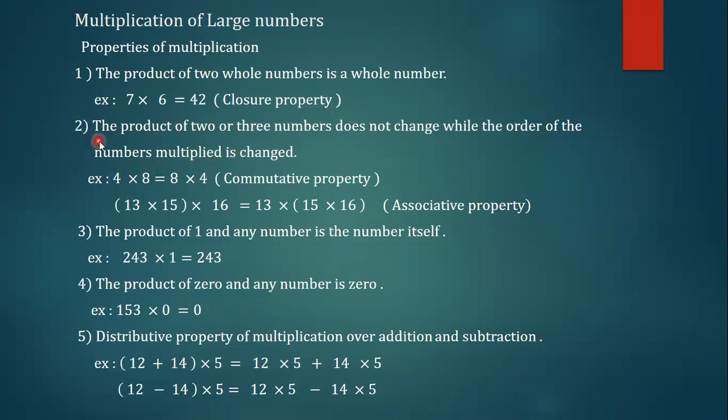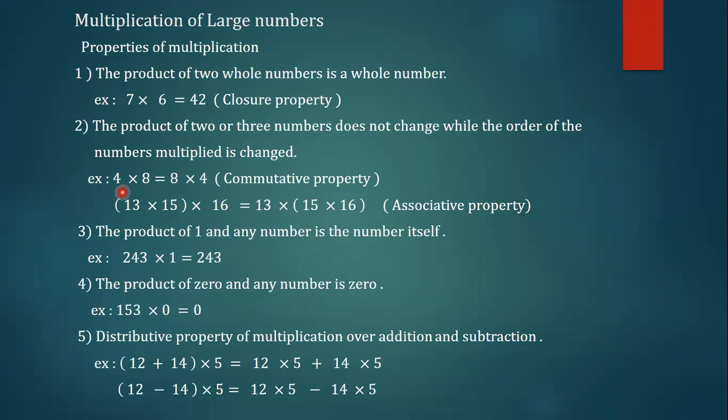Second one, the product of two or three numbers does not change while the order of the numbers multiplied is changed. When you are multiplying, if their order has been changed, there will be no change in the product.